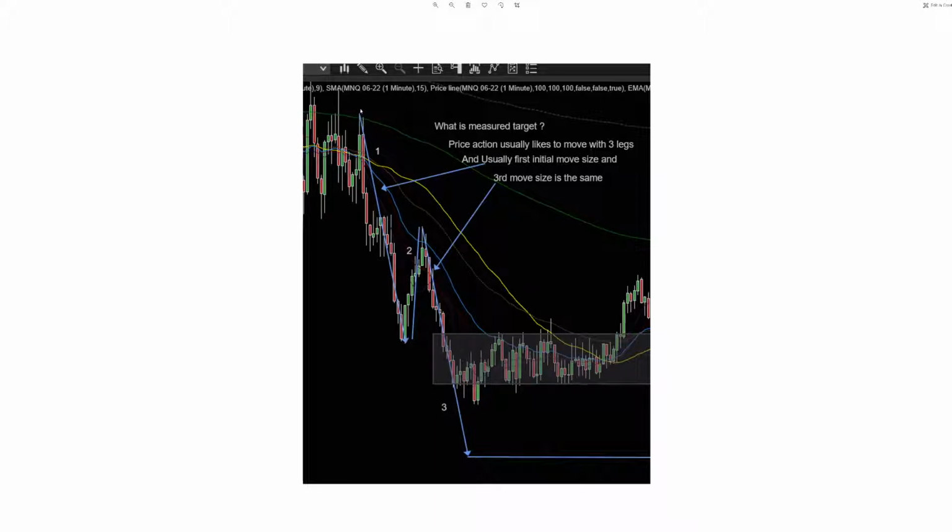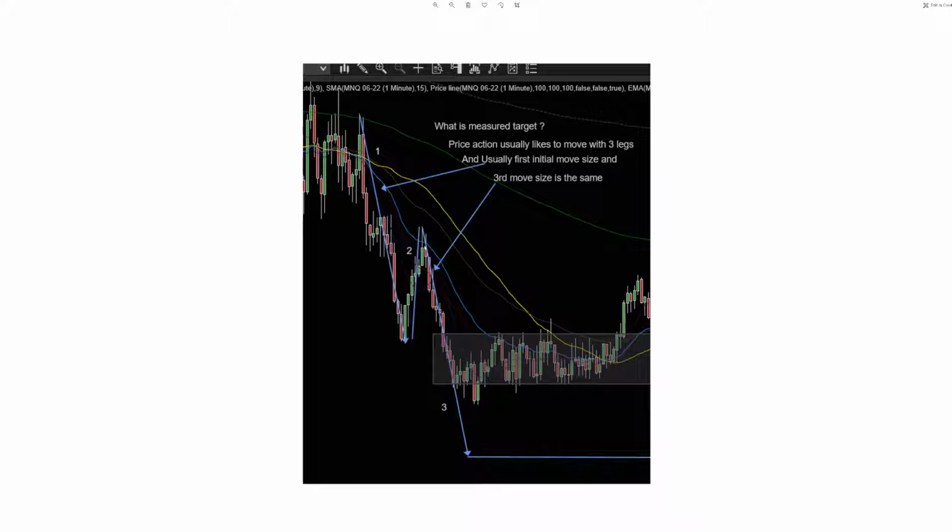So it starts from here all the way down here, usually the same size of the last move. That is their objective, right? So the price tries to reach the same distance as when they did that initial move. So this last move here on that third move is called the measured move. So it gives you an idea.